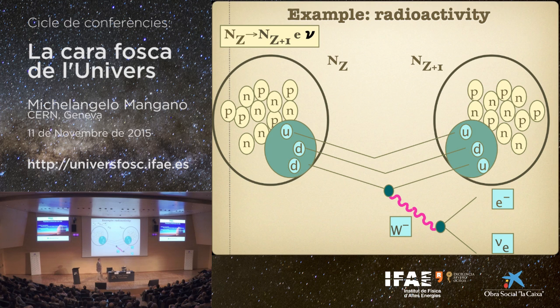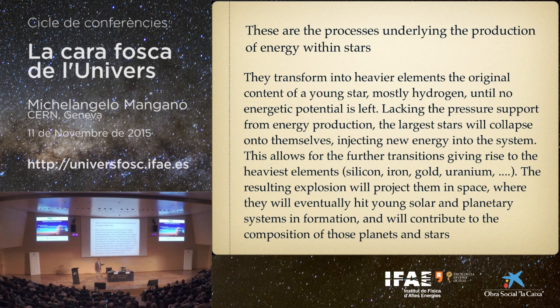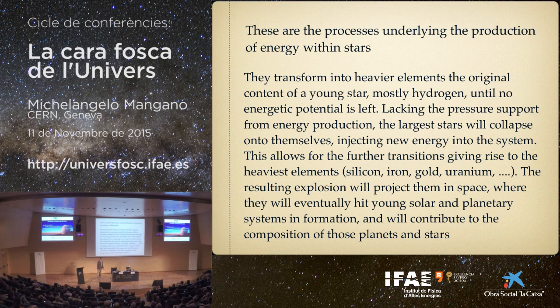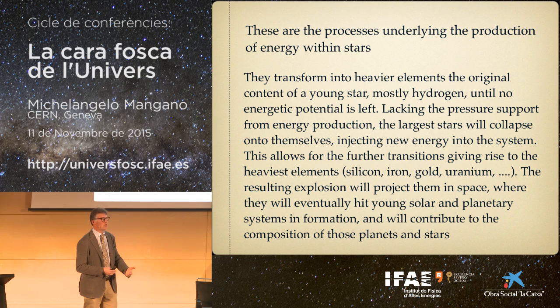Now, a drawing like this, a process like the one you see here, may look very abstract to you, but if we are here, it's really thanks to something like this phenomenon, because a process like the one I just showed is really the basis for the generation of energy inside the stars. It's conversions between protons and neutrons with emissions of electrons, neutrinos, which are energetically convenient.